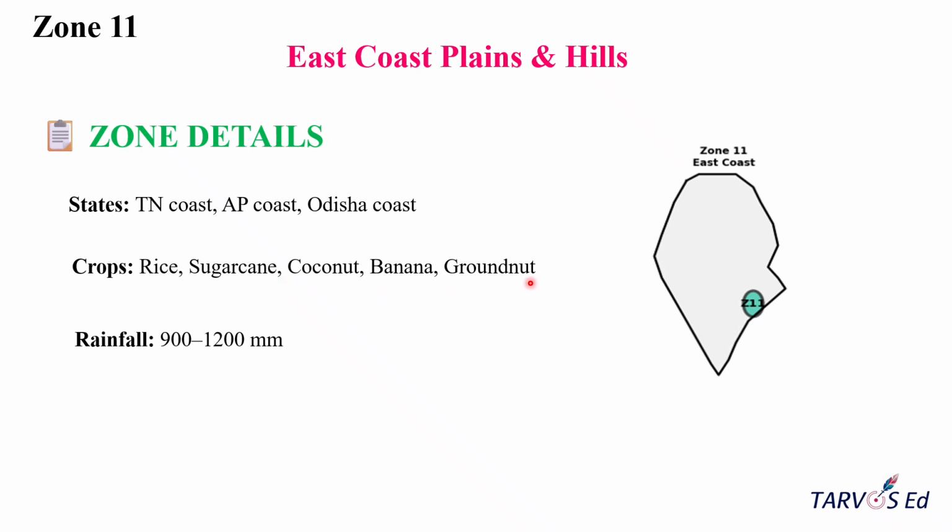So you will notice it is a blend of plantation crops like coconut and banana, along with staple crops like rice, sugarcane, and groundnut. So this zone is important for both food security and commercial horticulture along India's eastern coast.